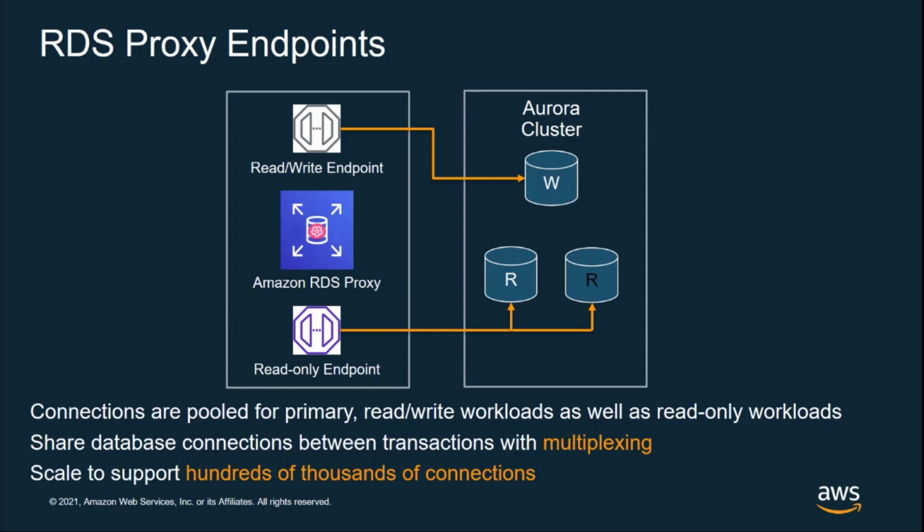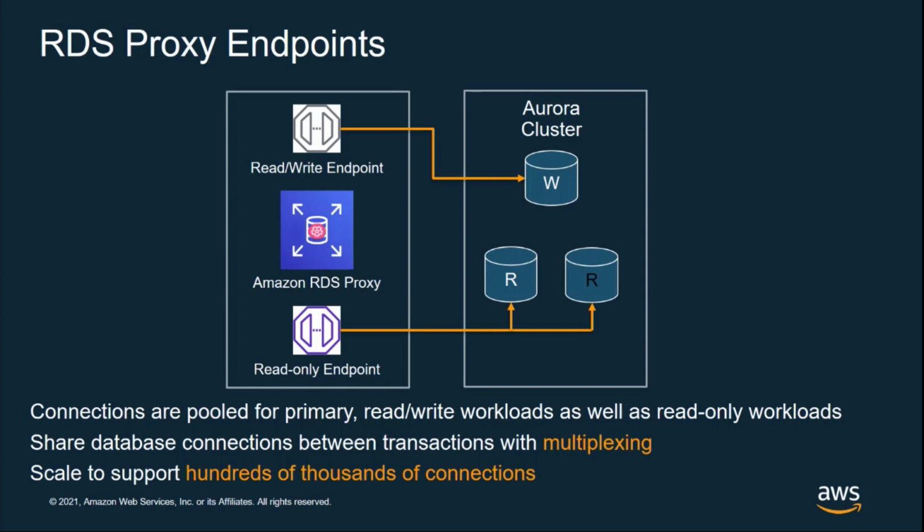You can use the read-only endpoints with your proxy for read-only queries, the same way that you use a reader endpoint for an Aurora provisioned cluster. Doing so helps you to take advantage of the read scalability of an Aurora cluster with one or more readers. You can run more simultaneous queries and make more simultaneous connections by using the read-only endpoint and adding more reader DB instances to your Aurora cluster as needed.